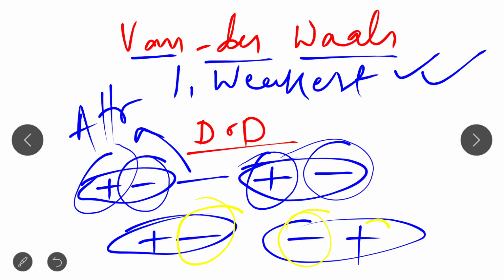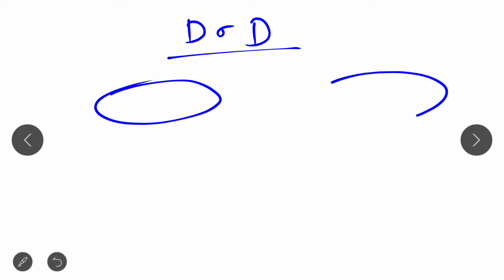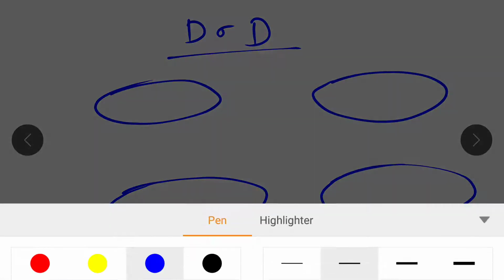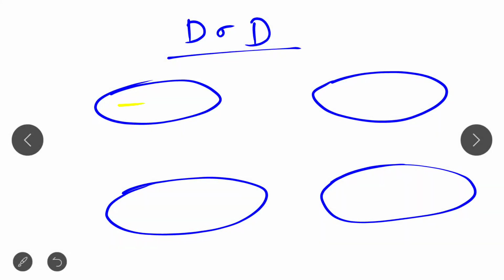So from this we can conclude that in case of dipole van der Waals interaction, both molecules contain a dipole moment, positive and negative charge.